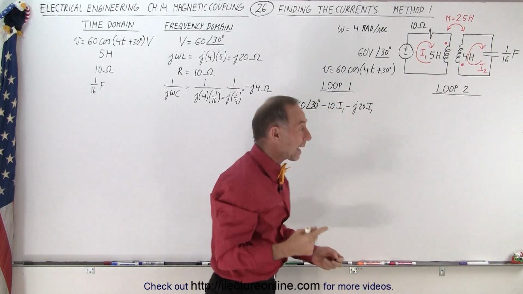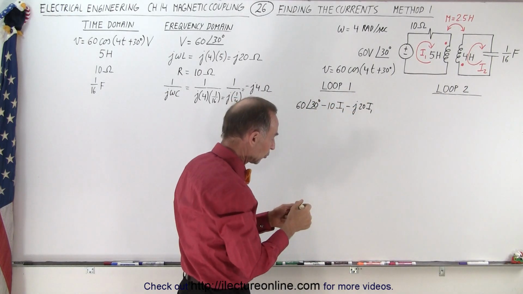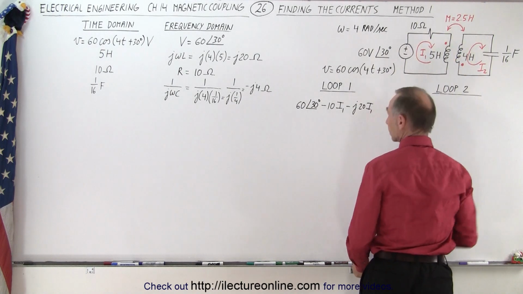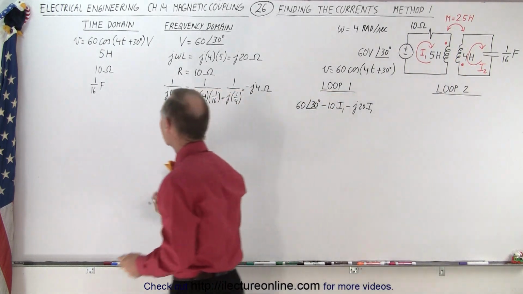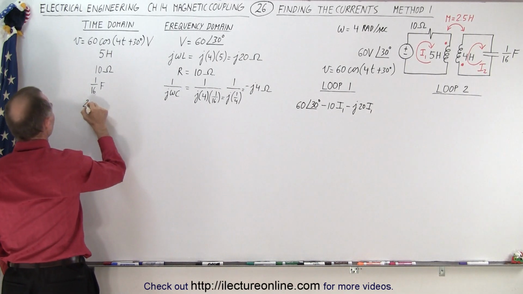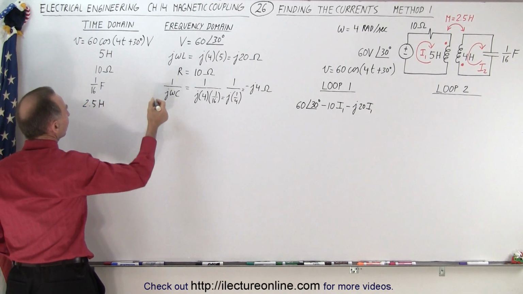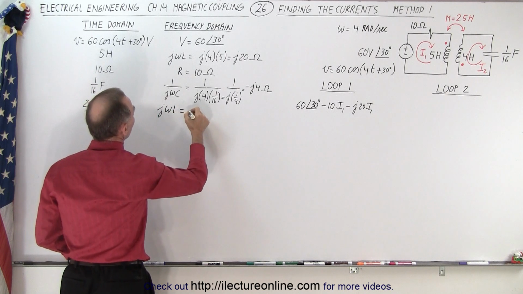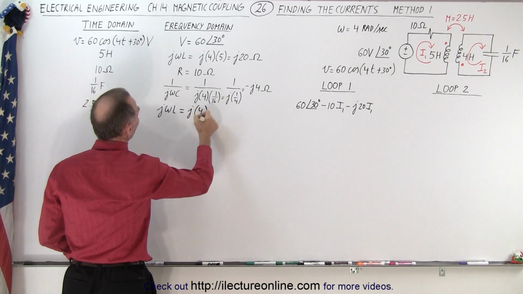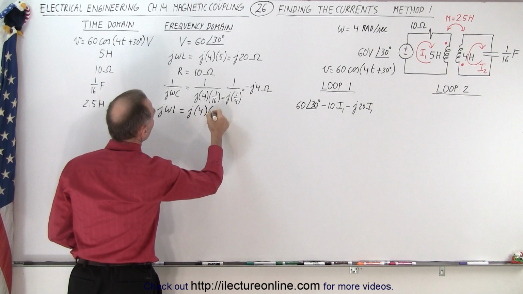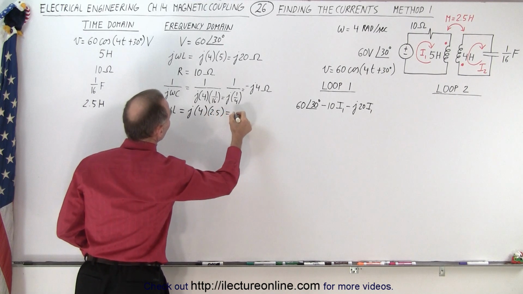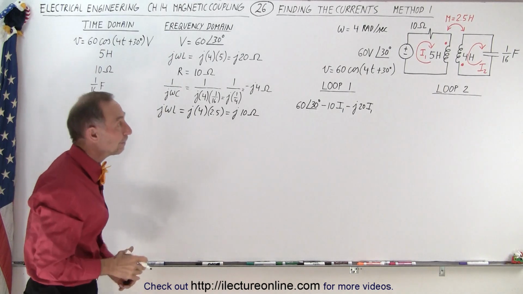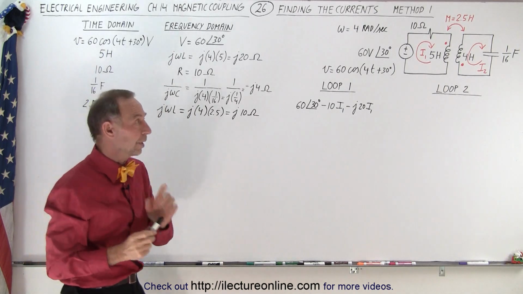Now we still have to add the coupling between the two circuits, because there's a coupling of 2.5 henries. I didn't put that on here, but if I put a 2.5 henry coupling on there and convert that, it would be j omega L, so j times 4 for the frequency times 2.5. That gives us j10 ohms of reactance because of the coupling. Now this is the tricky part.